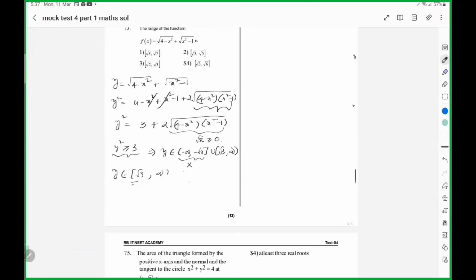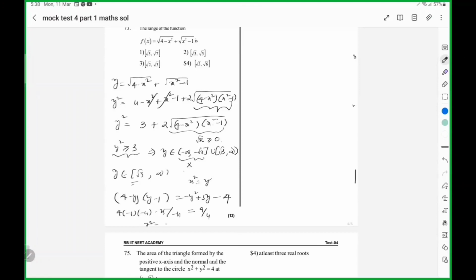So take x square as y. This expression is 4 minus y into y minus 1, which is minus y square plus 5y minus 4. Here it is 4ac minus b square by minus, so you'll have 9 by 4.